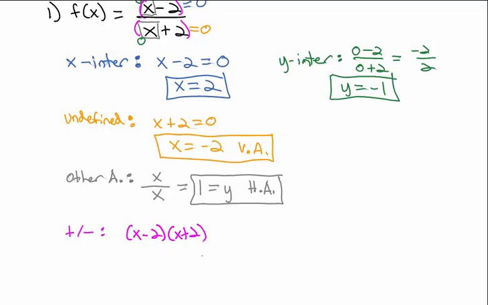When we graph that, x minus 2 and x plus 2 have intercepts at 2 and negative 2. If we were to multiply those together, x squared would be positive, so it's a positive x squared, so it's going to come in from one side and come out the other side.